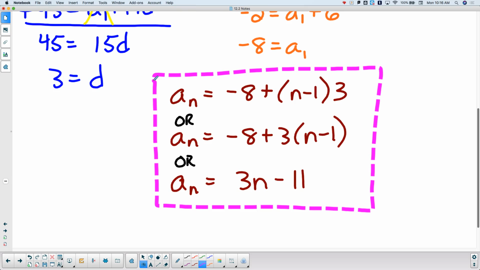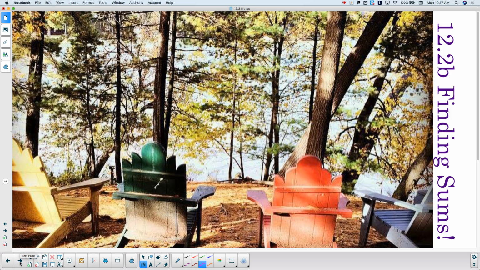So we have sequences. And today what we're going to do is look at finding the sum of series.